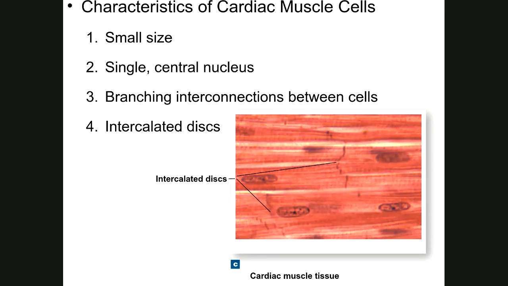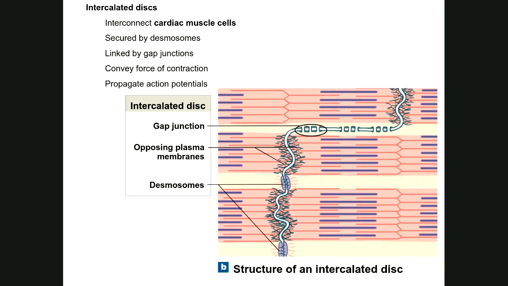So it's a small size. You have a single central nucleus, as you can see in here, and there are branching interconnections between cells. We can see some little branching over here, and you have this intercalated disc. If we zoom in on the intercalated disc, we can see these junctions that secure the muscle cells together, like the desmosomes and the gap junctions.